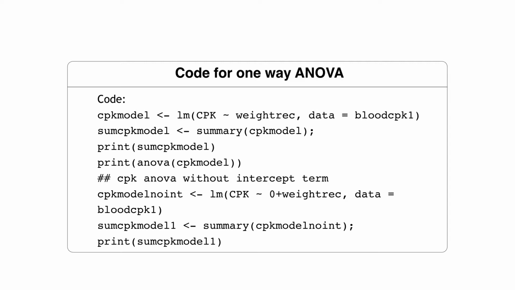So remember, in the second instance is where I have put the second model, but look here, in this case we have put a 0 before the weight rec because we removed the intercept from the model, and we'll take a look at it and see what difference it makes.